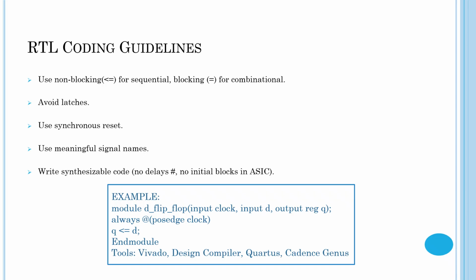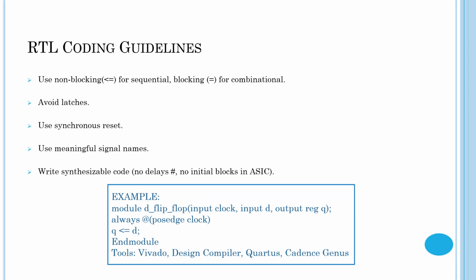Now, let's look at some essential RTL coding guidelines that every digital designer should follow. First, always use non-blocking assignments for sequential logic because it ensures correct parallel update of registers. For combinational logic, use blocking assignments for clean ordered behavior.